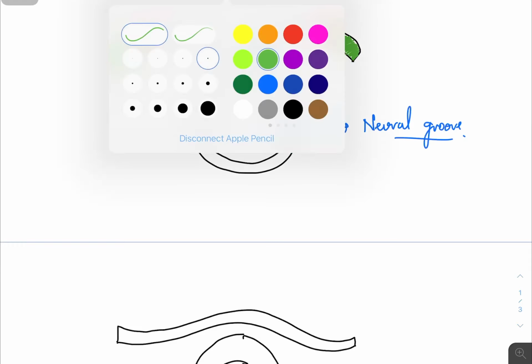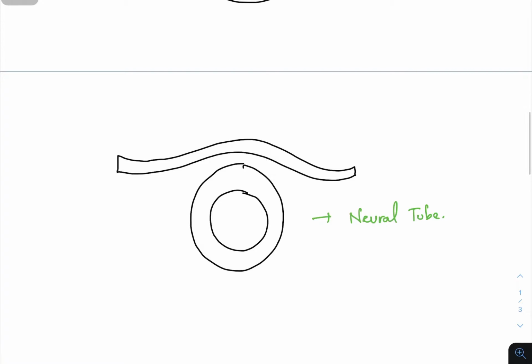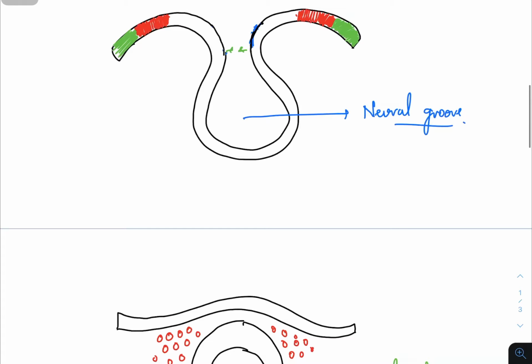And next what happens is, these red color things which I have mentioned here, what do you call these red color things? You call them neural crest cells. What will happen is, these neural crest cells which were here previously, right, here, right? So these neural crest cells will fall off like this from both the sides, right?